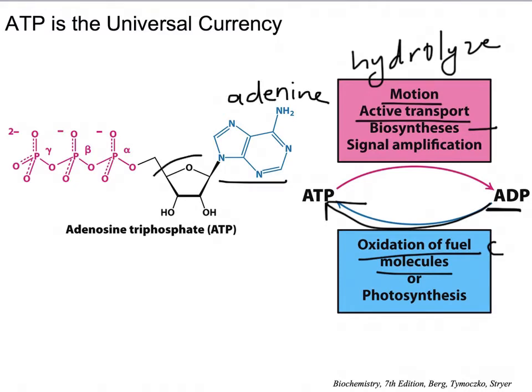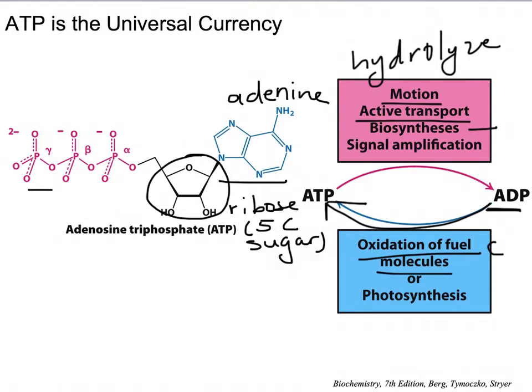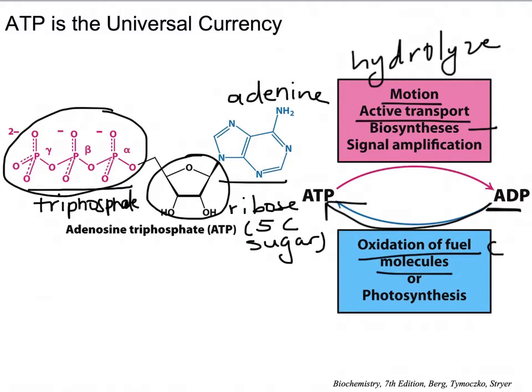So if we look at the structure of ATP, we have an adenine, we have a ribose, which is a 5-carbon sugar, and we have this triphosphate. Now all the energy comes from the triphosphates.